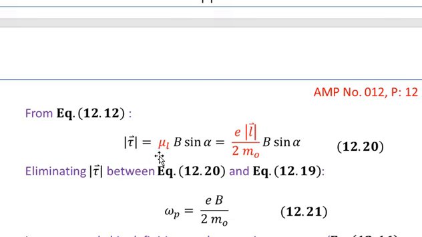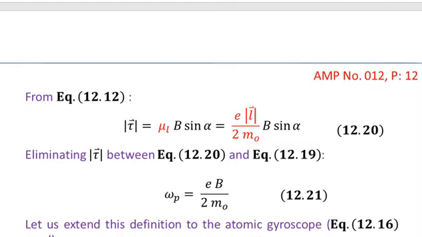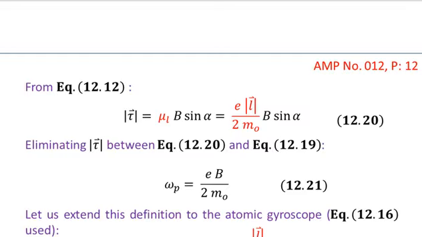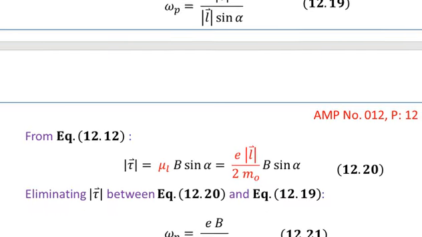And we are using the value of mu L over here from equation number 12, which I have shown you, that mu L is equal to e into the magnitude of L divided by 2 m naught. So we can eliminate the magnitude of tau from these two equations.